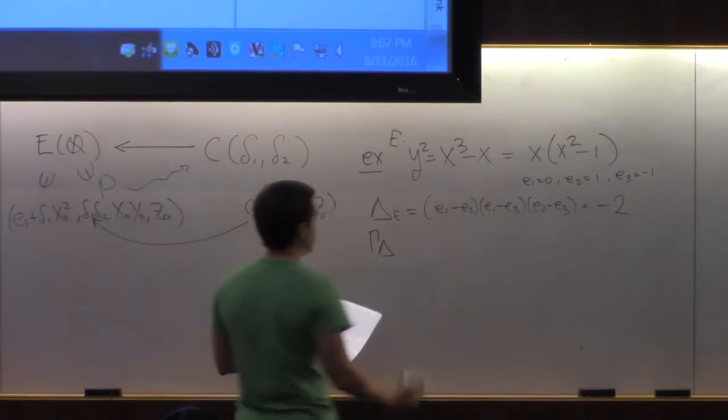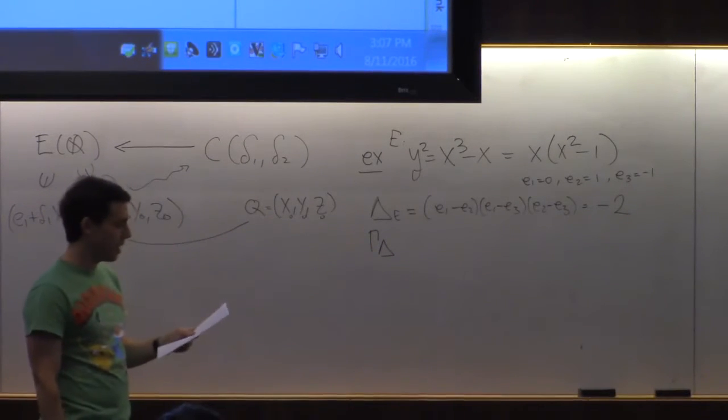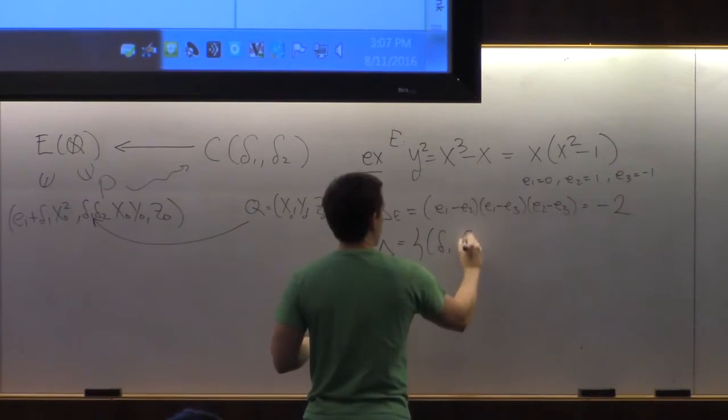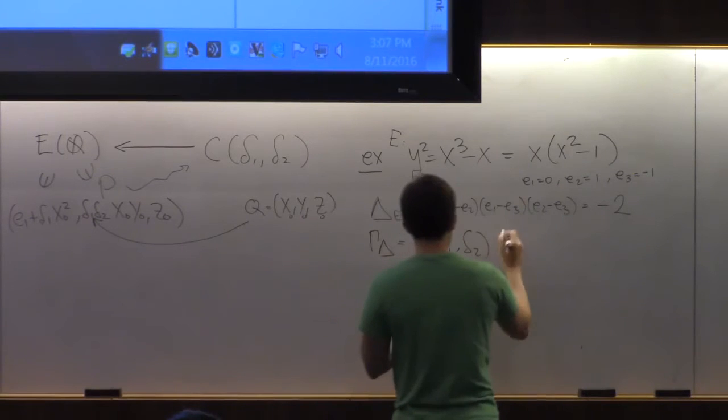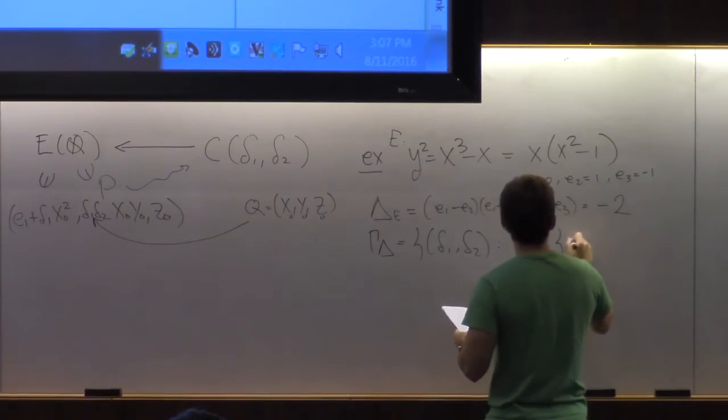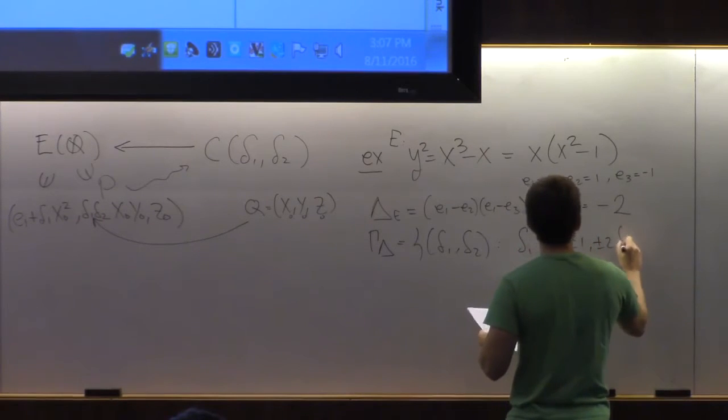So this gamma set consists of pairs delta 1, delta 2, with the deltas in ±1, ±2.